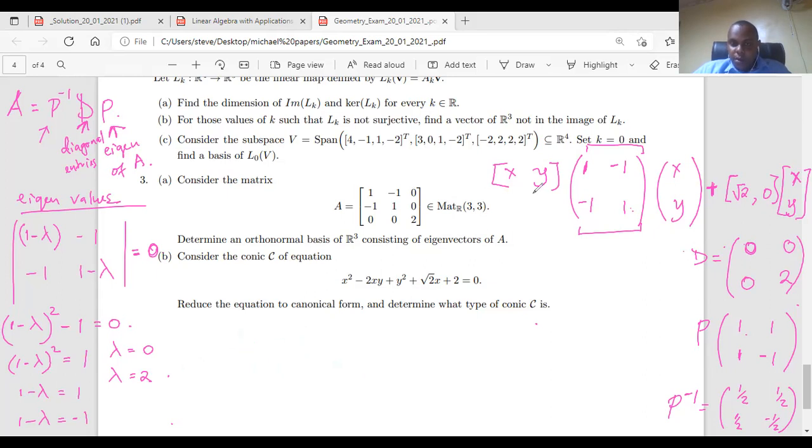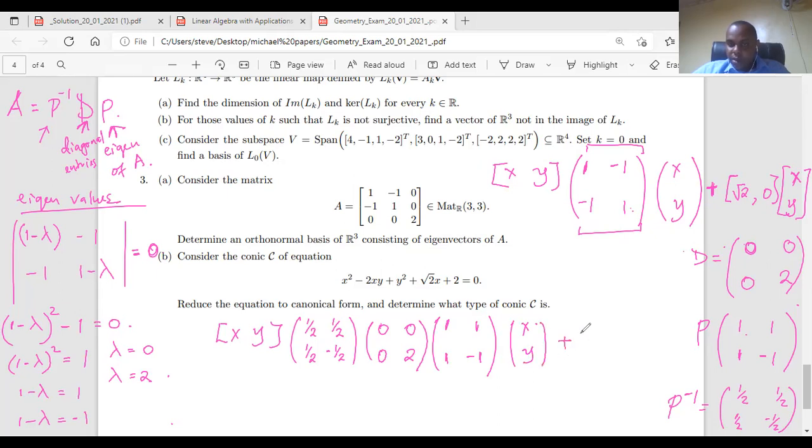And so we could write our form as x y, and then we replace A with P inverse, 1 over 2, 1 over 2, 1 over 2, negative 1 over 2, and then 0, 0, 0, 2, and then 1, 1, 1, negative 1, and then x y.